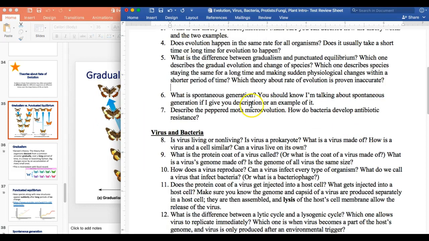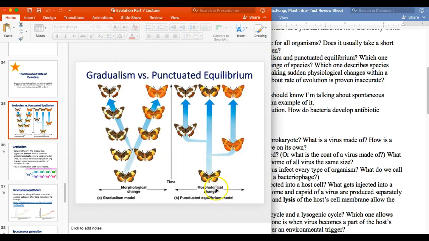The other one is called punctuated equilibrium. Punctuated equilibrium says one species is going to stay exactly the same for a really long time, and then within a much shorter period of time, it's going to make a sudden change. So we'll jump from this look to this look. And then it's going to stay the same for a long time again, and then make a sudden change into something else, and then eventually we get to a different species.